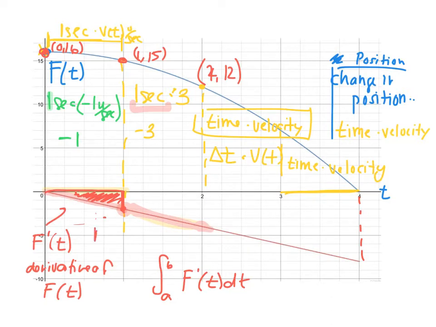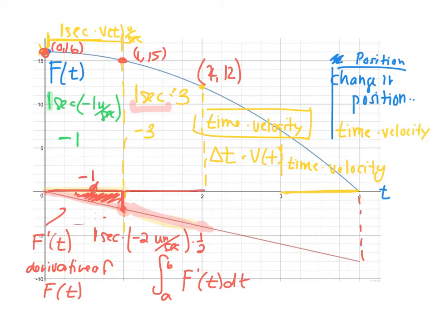So the width was 1, and that comes with a label of seconds. The height, so the value of the function there, was -2, and that comes with a label of units per second. So this triangle, after I multiply it by half, has an area of -1.